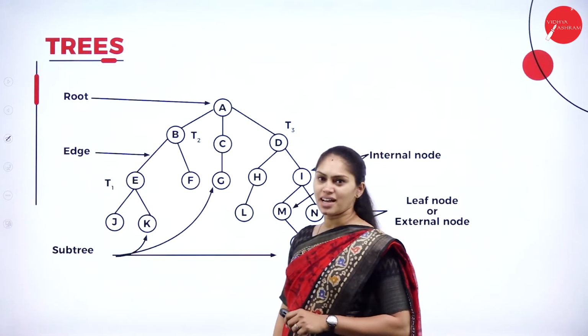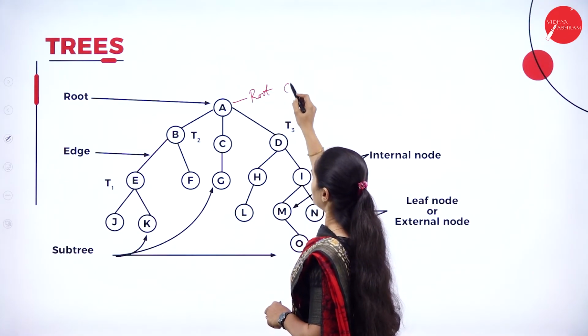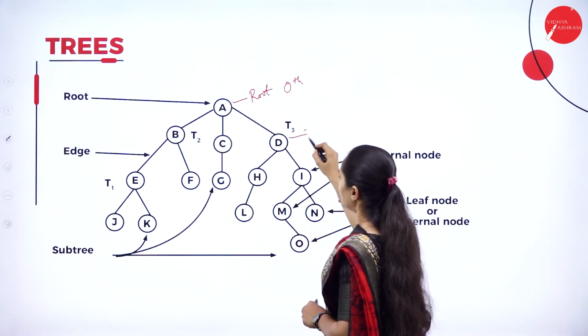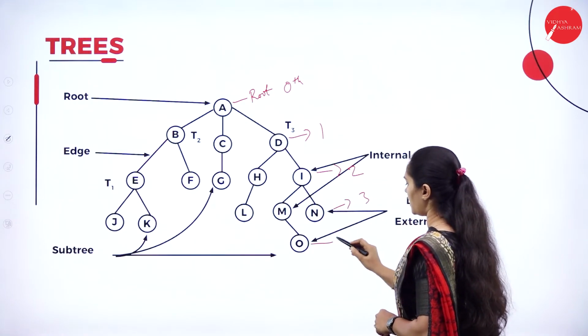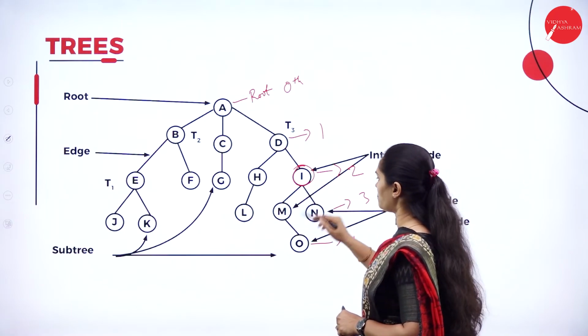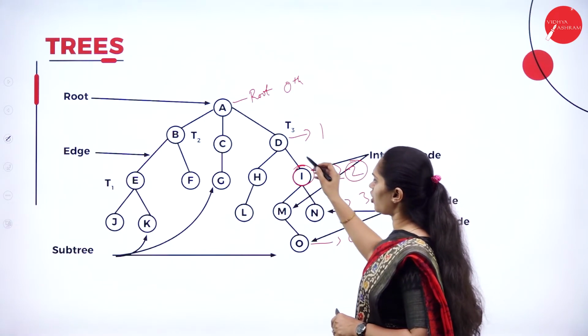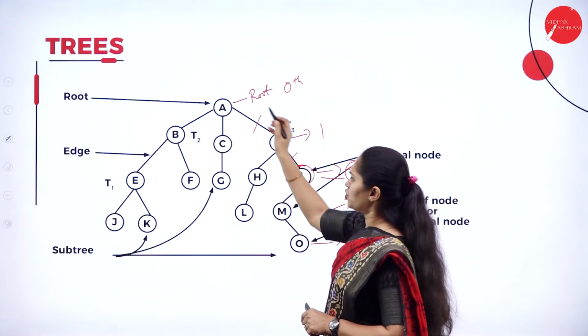So if you consider the example here, always the root will be at the 0th level, right? This will be level 1, this will be level 2, level 3, and at last we have level 4. So then what is the level of this I? That is 2. Why? Because in order to reach the root, we need to visit 2 more levels.